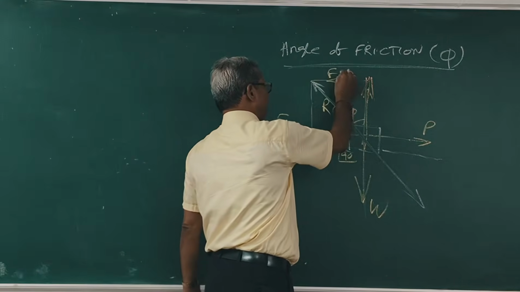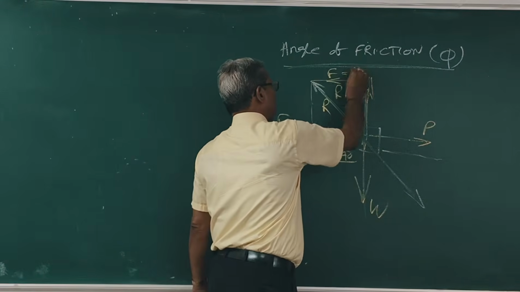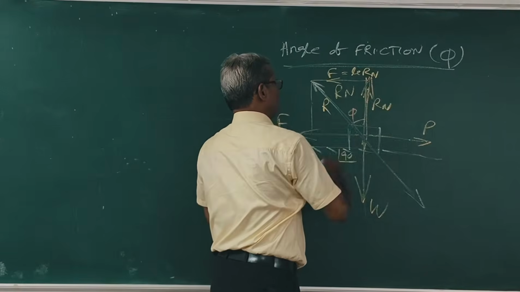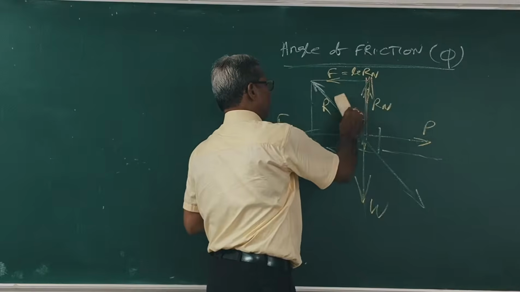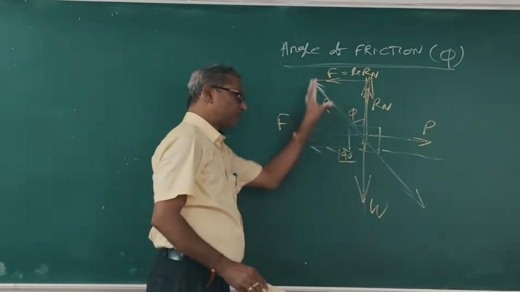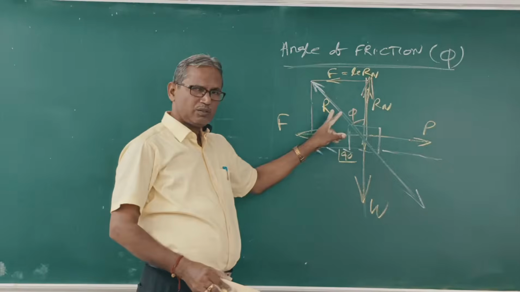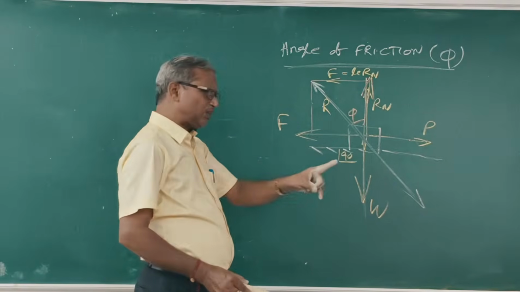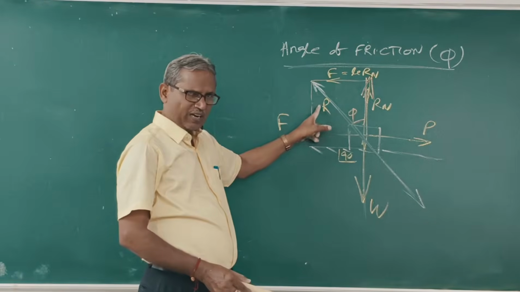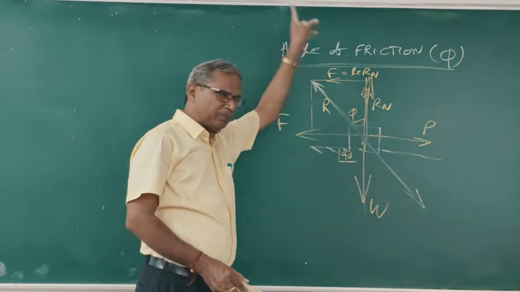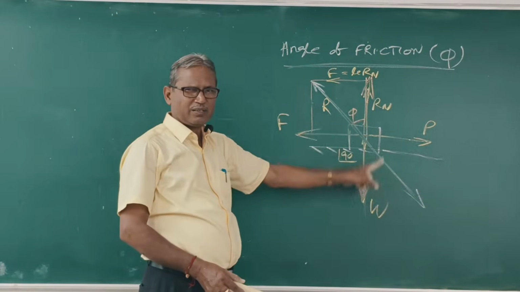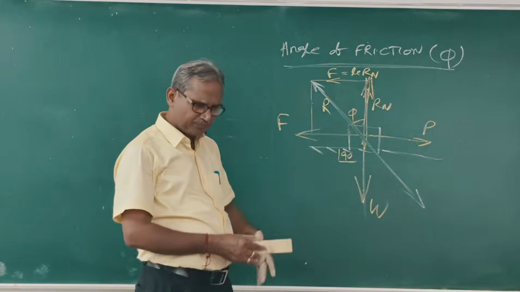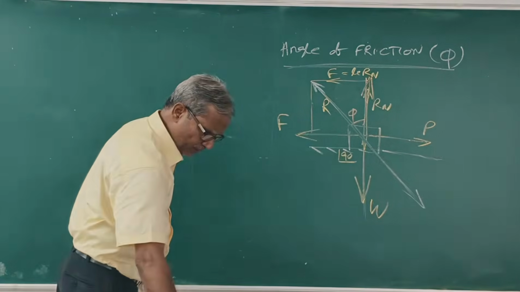What is F equal to? Mu Rn. Clear? This is Rn. Now the body is in equilibrium condition. At this equilibrium condition, the resultant reaction R makes angle phi with normal reaction Rn. This angle phi is called the angle of friction. What is the definition?